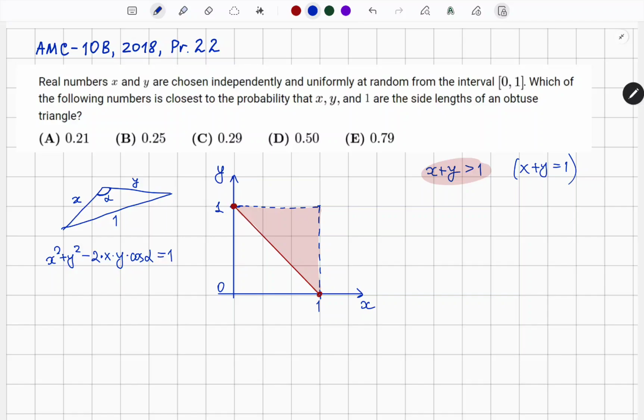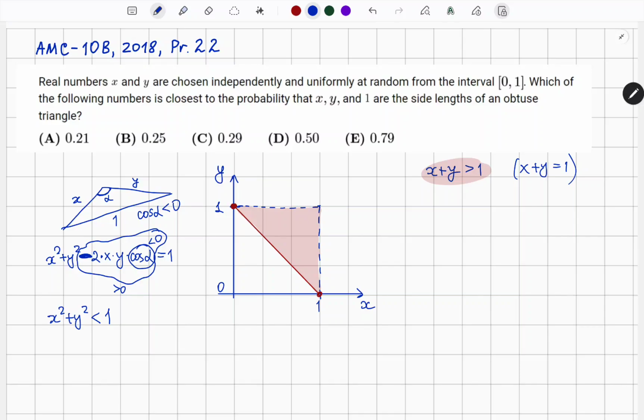This is the famous cosine rule. But cosine of an obtuse angle, cosine of alpha, is a negative number. I don't know this number exactly, but it's negative. So with the negative sign in front of it, we have a positive expression here, which can be moved to the other side, which means x squared plus y squared is 1 minus something positive. That makes x squared plus y squared less than 1.